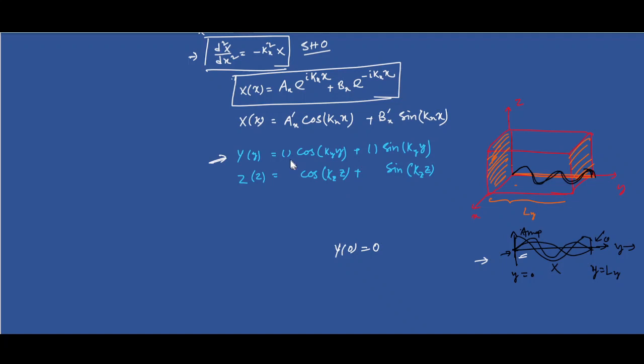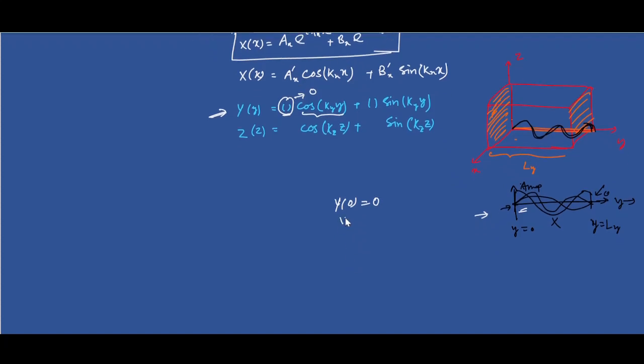So this term has to go to 0 because at y equals to 0 this cosine term is going to give me 1. So to satisfy the boundary condition I have to let this constant term go to 0, whatever be the constant.